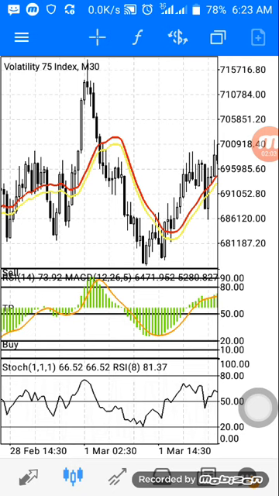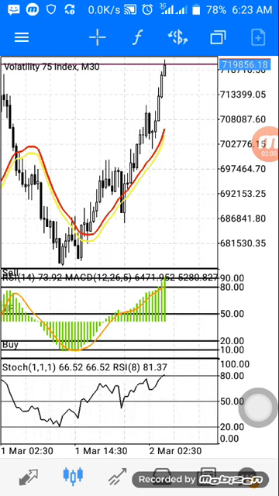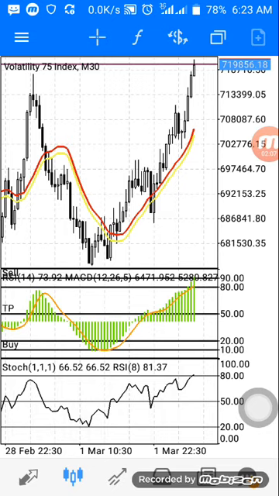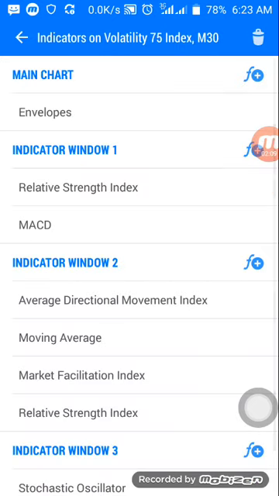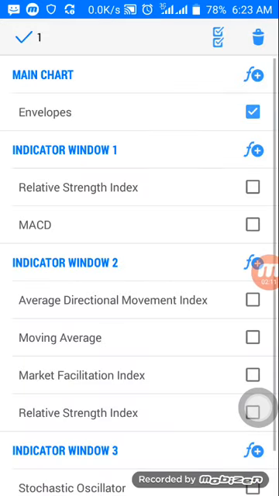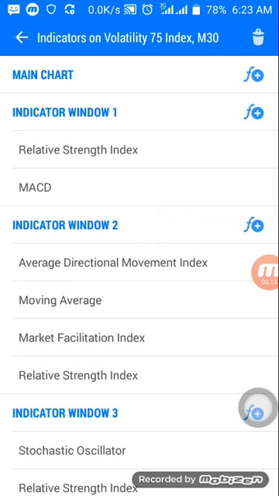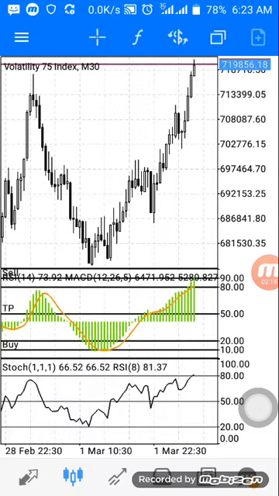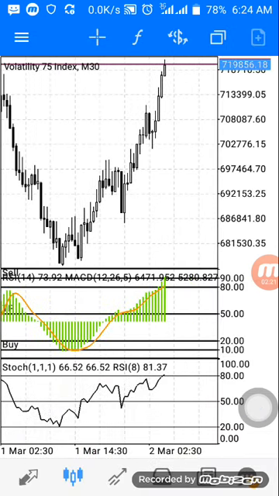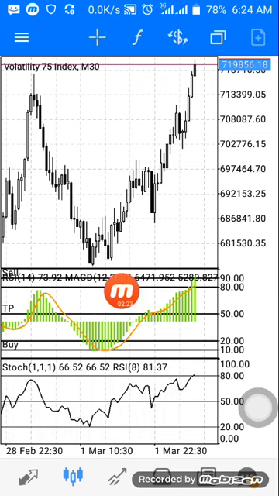Now let us go to the setup. First of all, let me remove the window indicator because I don't think I will need it. Now first of all, you are going to go to RSI. We did this setup last time in our last strategy, the last video we did about this one.